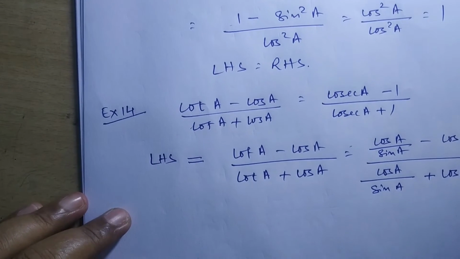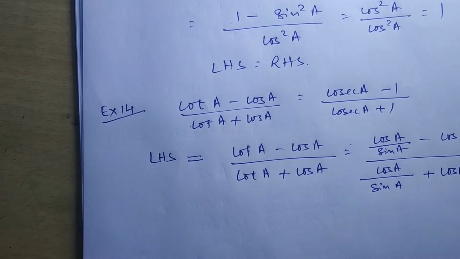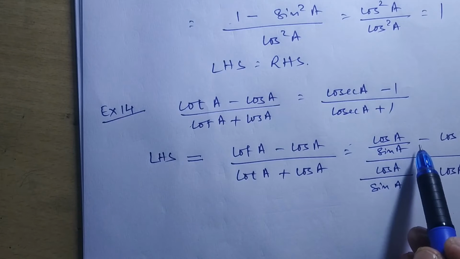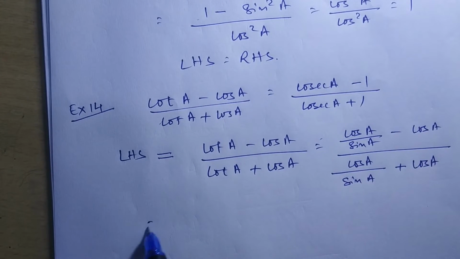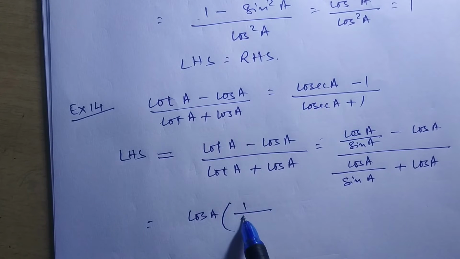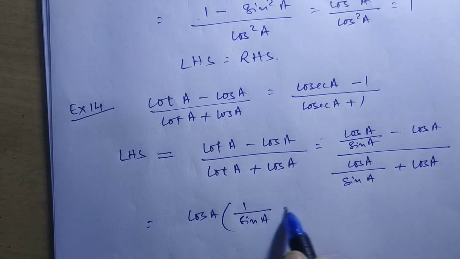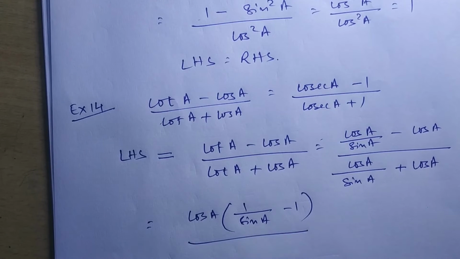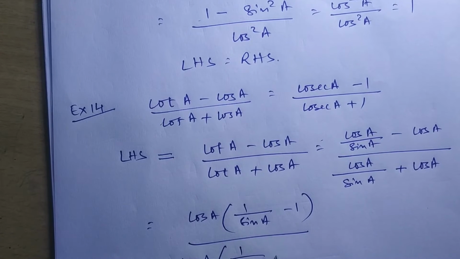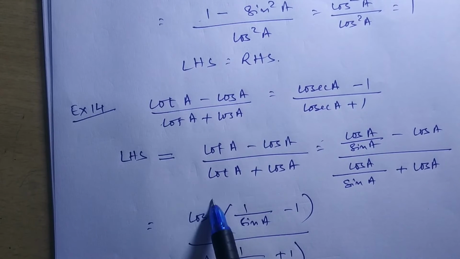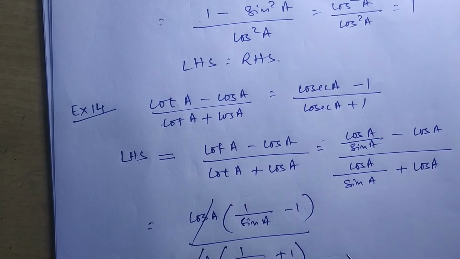Is that clear? Okay. Now from here I am taking cos A common. So what do we have? 1 by sin A minus 1. In the denominator also I am taking cos A common. So 1 by sin A plus 1. Cos A gets cancelled.